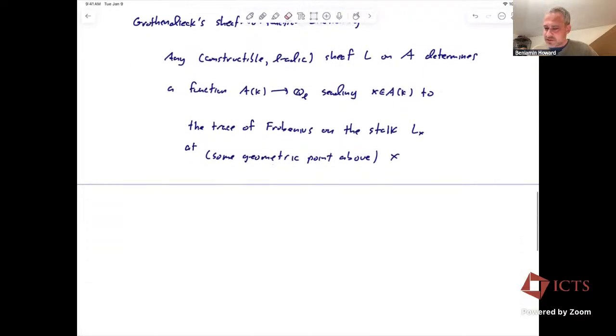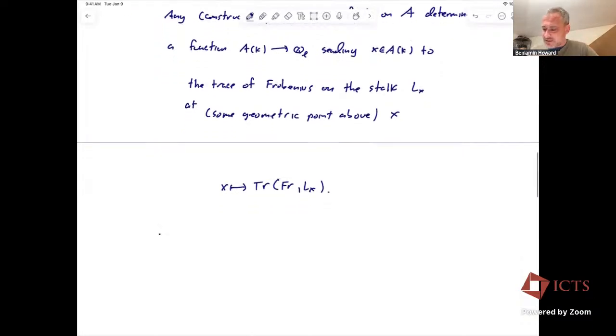So in other words, x goes to the trace of Frobenius. And then you can extend this, so there's an obvious extension.